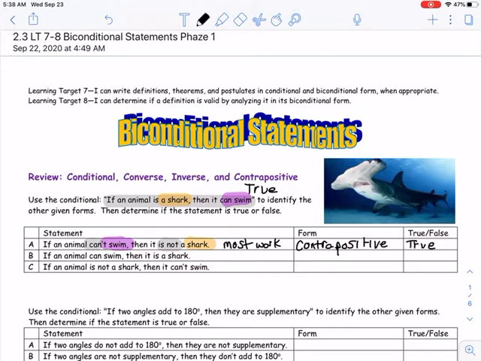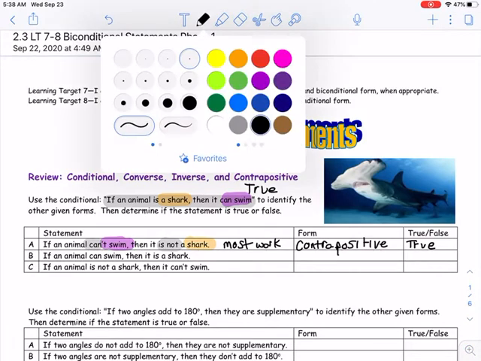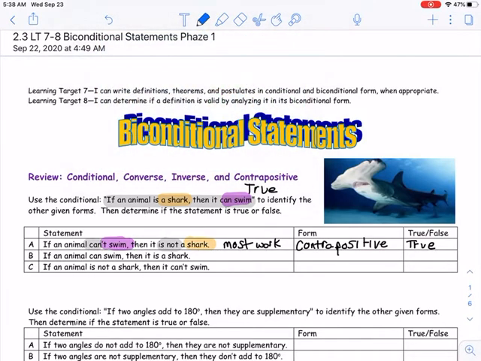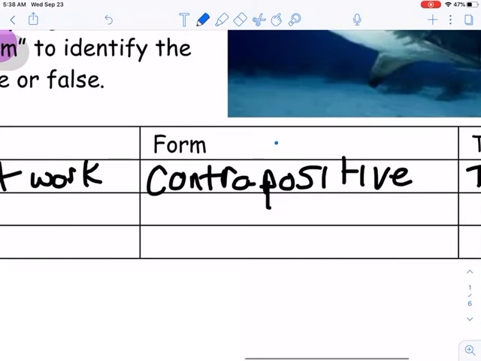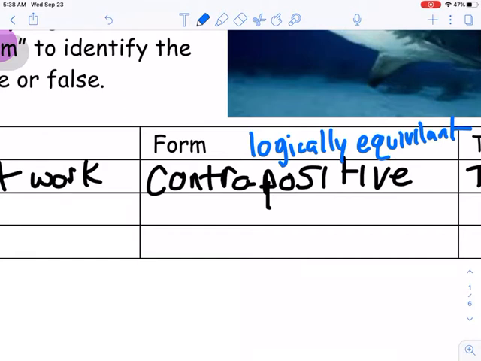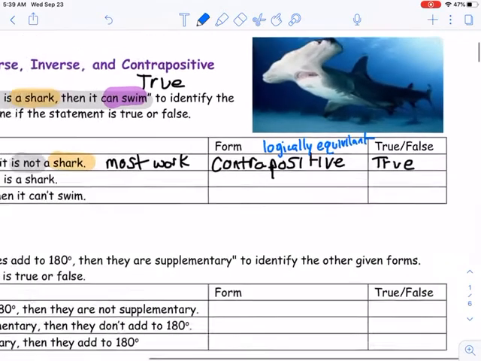A little review: remember, contrapositive and conditional statements are logically equivalent. So since I knew the conditional statement was true, I didn't even have to put it in its contrapositive form. I already knew that would be true. That's a little review from yesterday.